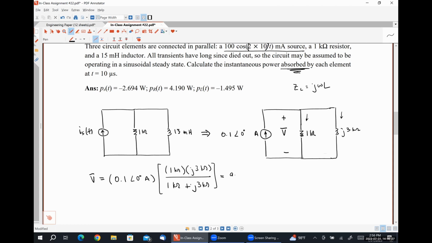I get 94.868 angle 18.435 degrees volts. Which means this bit right here, excuse me, is VM. And this bit right here is theta V.